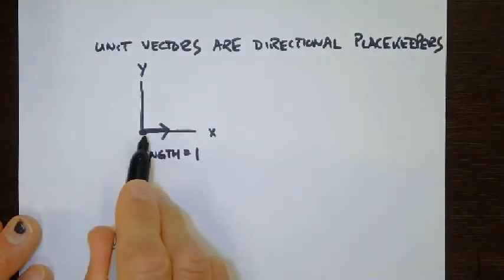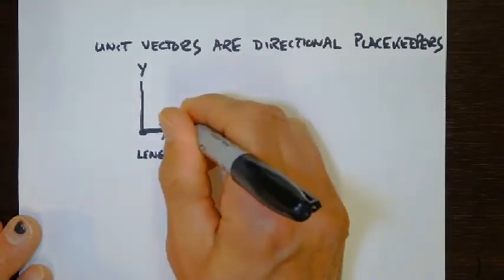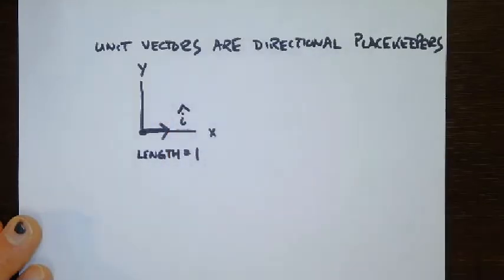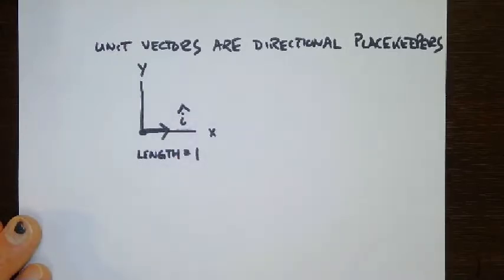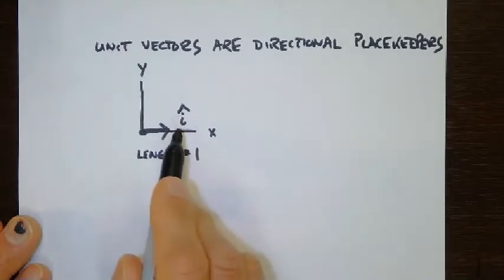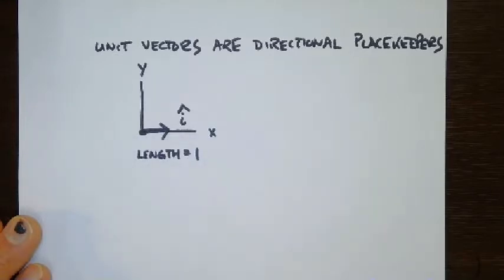So the unit vector that points in the positive x direction is called an I hat vector. I put a little caret or a hat on top of that. And the letter I indicates that we're going in the positive x direction.